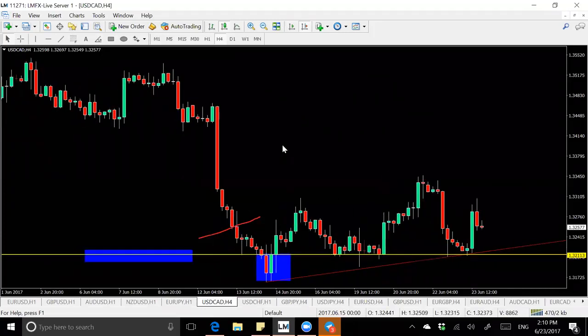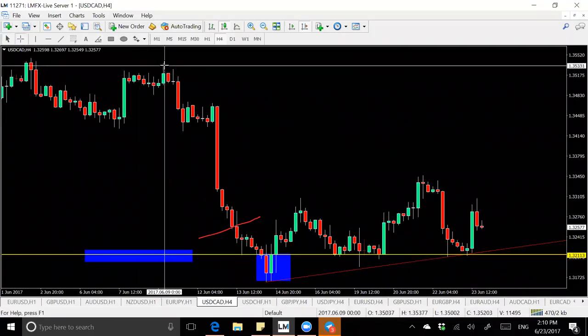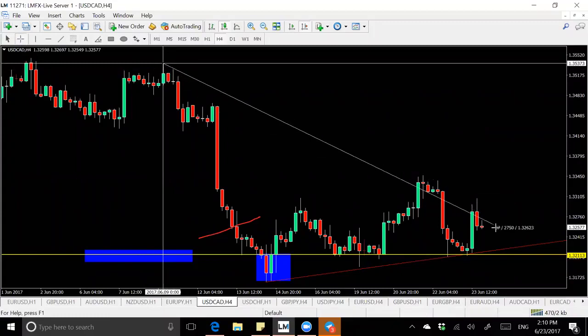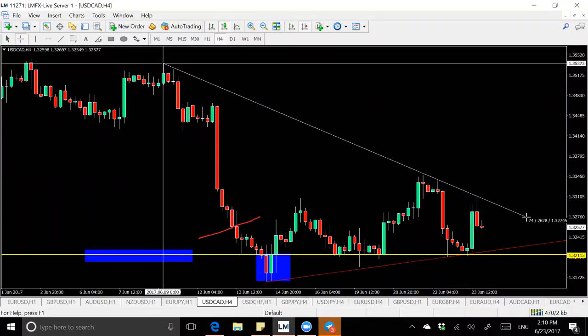Now let me show you here. There's another example right here. Now, would you say this is my trend line? The crosshair that I have drawn right there. Would you say that is a trend line? Yes.